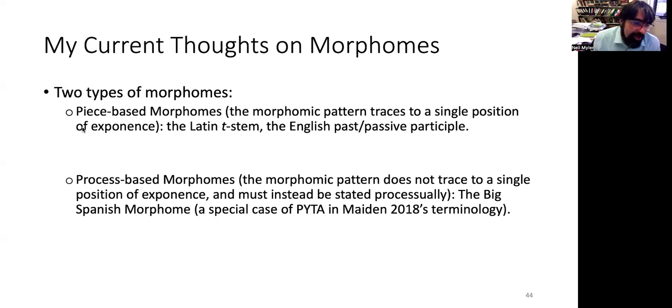These are to be distinguished from the process-based morphomes, where you can't trace the pattern to a single position of exponents, and you must instead state it processually in a sort of Priscianic style, where you start off with one thing, chop certain things off it, which don't need to correspond to anything that anybody would want to call a morpheme boundary, and then use that to compute some of the form, right?